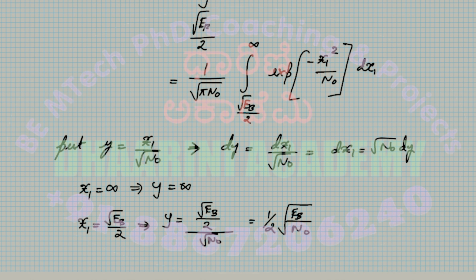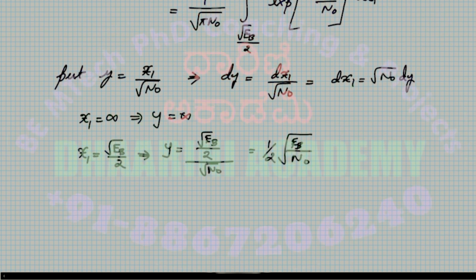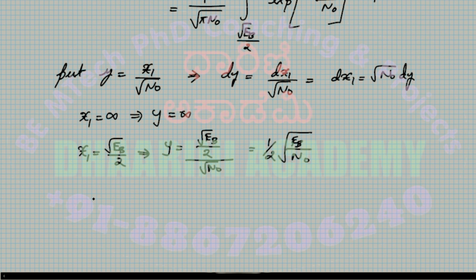Fine? Okay, so let us do the substitution and complete that. On the left-hand side, I have the probability of error when 0 was transmitted. This is equal to 1 divided by root of pi N naught into the integral.